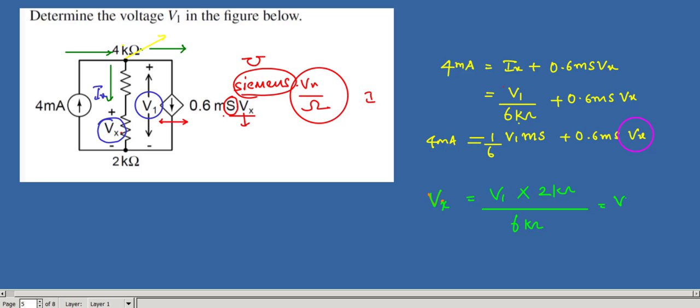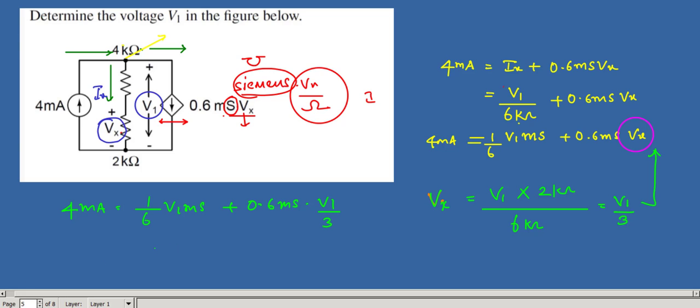So Vx equal to V1 by 3 volts. If I substitute here, 4 milliamperes equals 1 by 6 V1 millisiemens plus 0.6 millisiemens into V1 by 3.